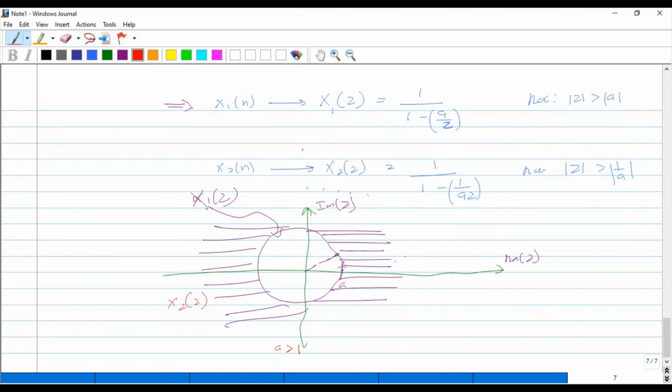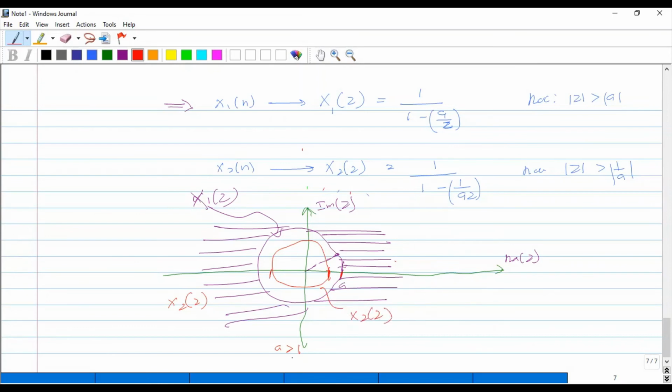If a is 2, then 1 by a is half. So the value 1 by a will be inside this circle of radius a. You get it? So that is X2(z).